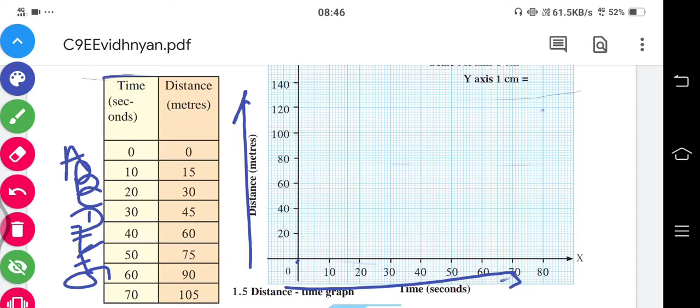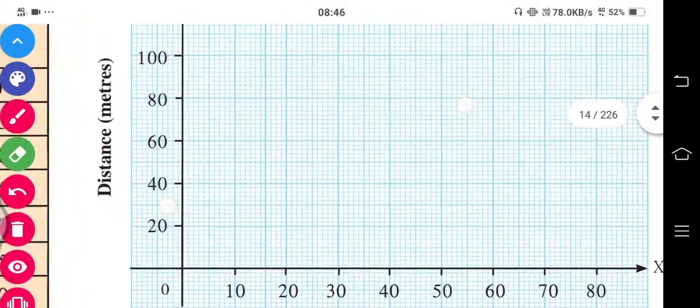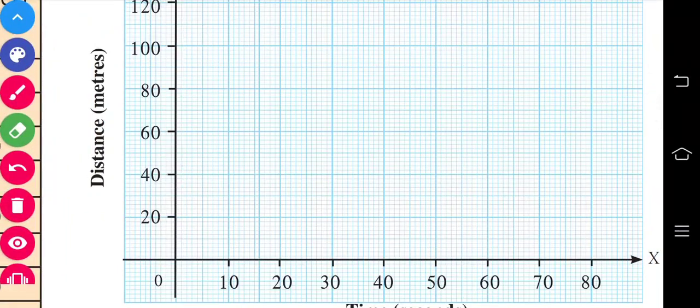After 10 seconds, the distance covered is 15 meters.